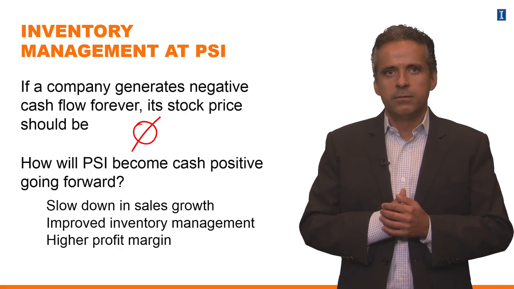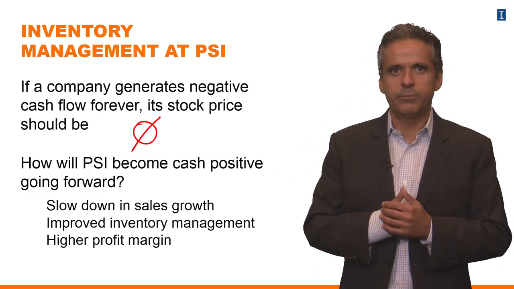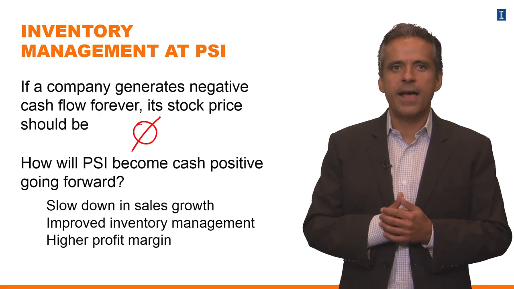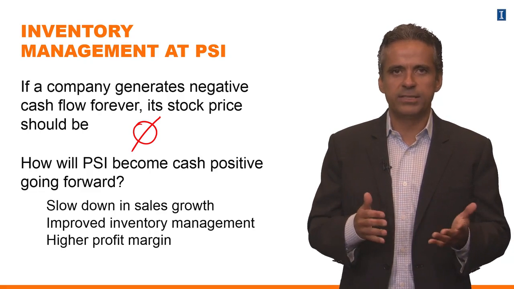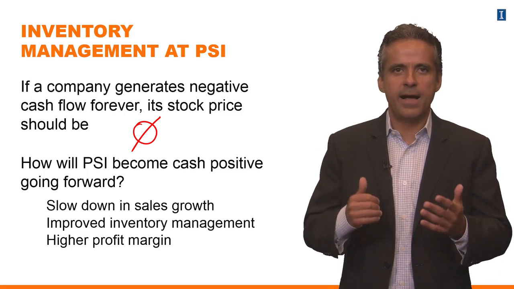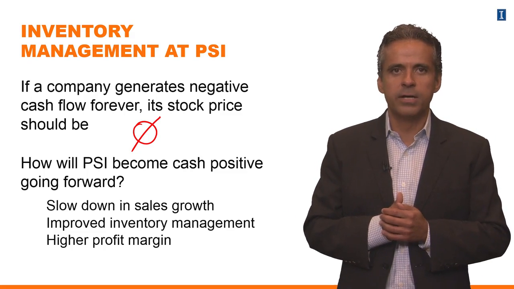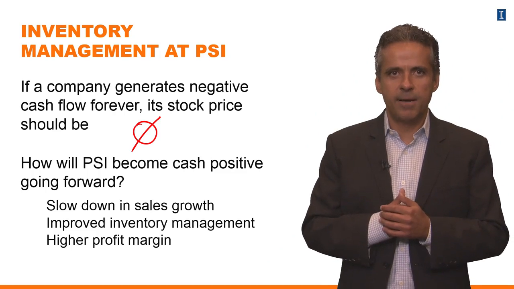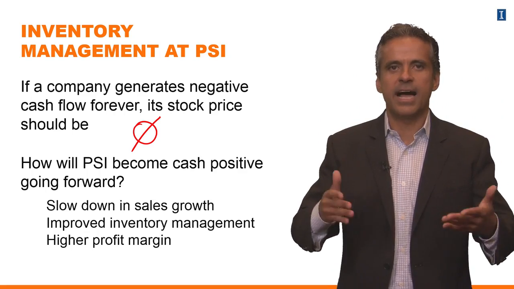Another possible solution is to try to increase your profit margin. We can also show in the example that if a company has a higher profit margin, you're going to be generating positive cash flow. So the bottom line is that PSI is definitely expected to become cash positive going forward for some of these reasons. Possibly the most important one is that sales growth is not going to stay as high as it is right now.